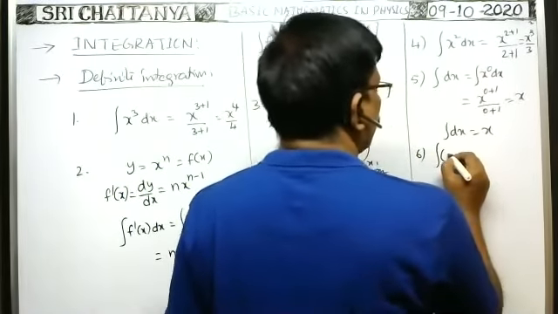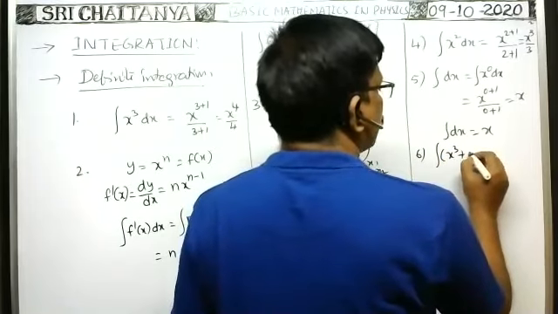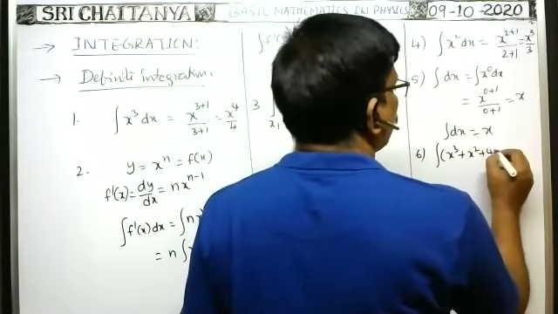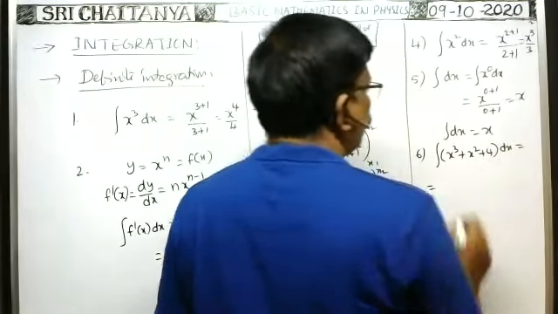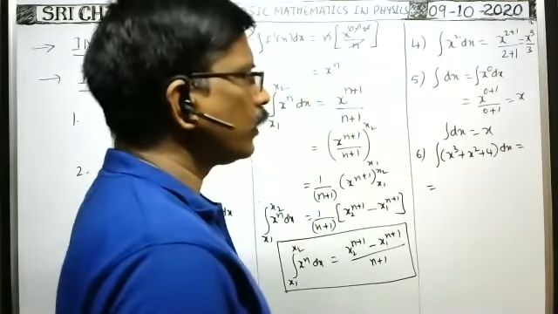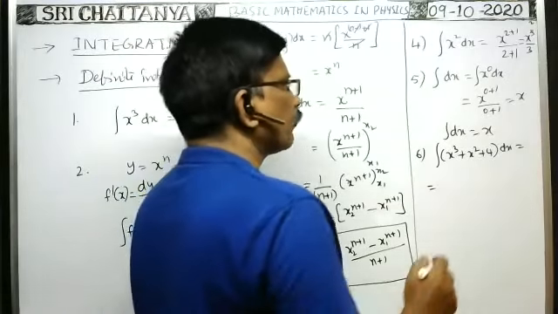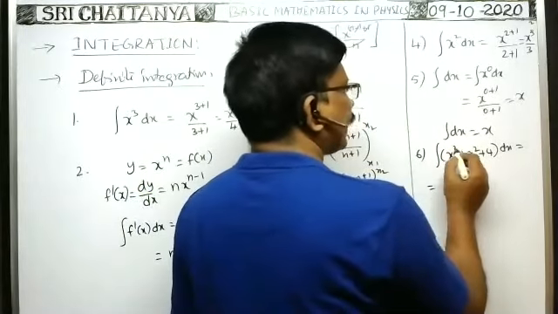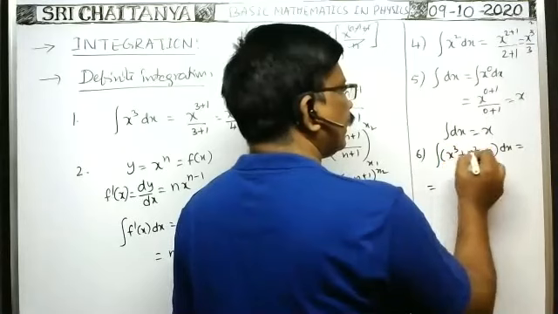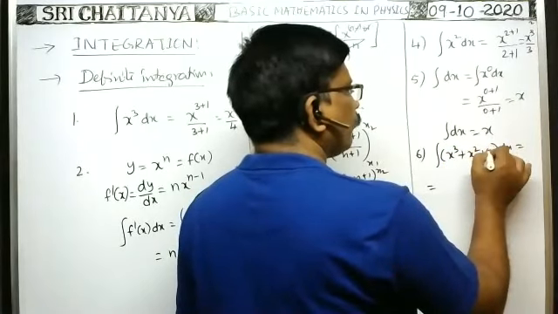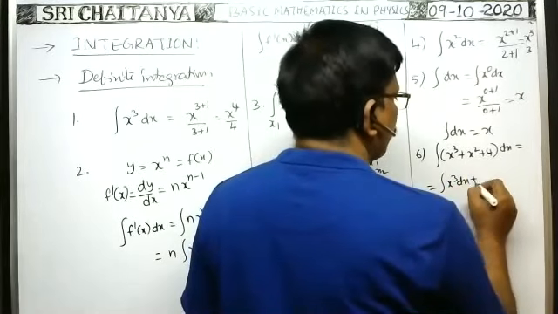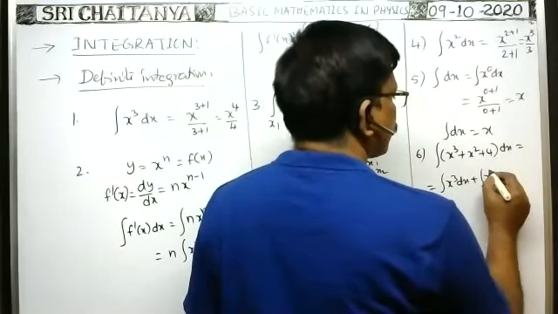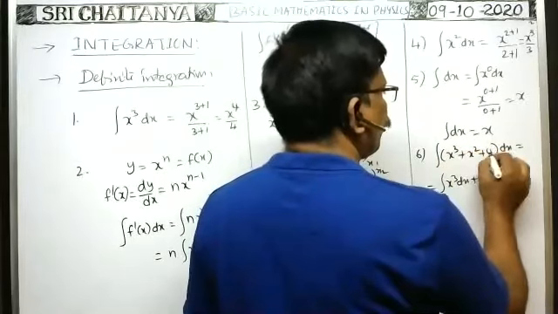Integral x cube plus x square plus 4 into dx is equal to what? You can split them. Integral x cube into dx plus integral x square into dx plus integral 4 into dx.